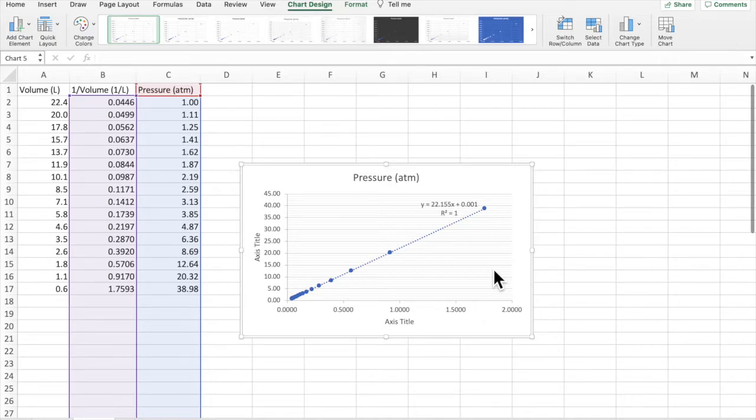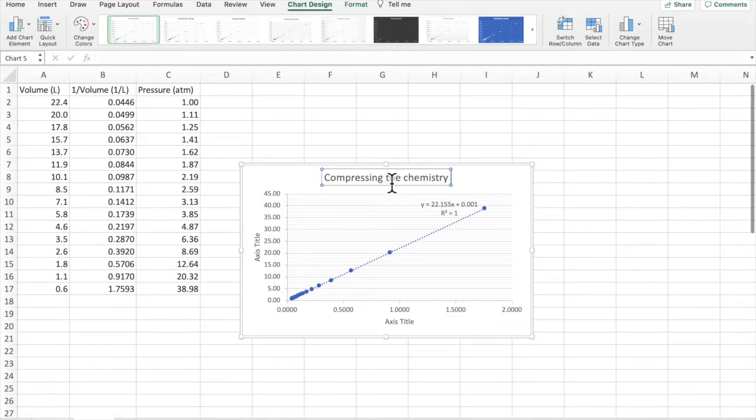And now I'm going to call this graph Compressing the Chemistry Teacher's Cube. All right. And now we can go and label our axes so we don't confuse ourselves. So over on the left-hand side, that's going to be the pressure.